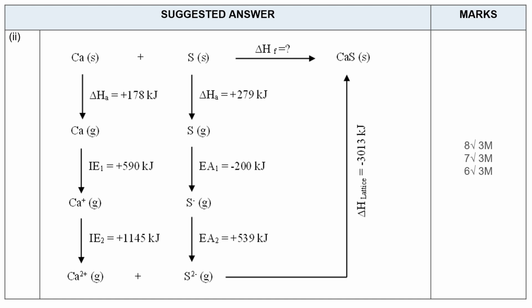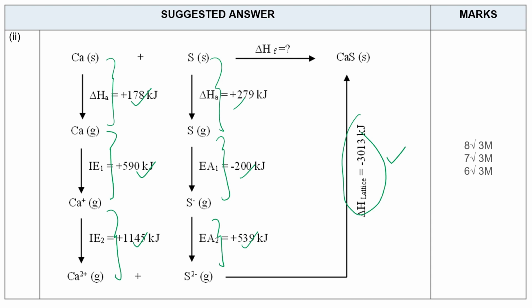So from this part, it is not 1 mark, but 1 correct, 2 correct, 3 correct, 4, 5, 6. So from here to delta H lattice 7, and then altogether at the top here is another 1 mark.